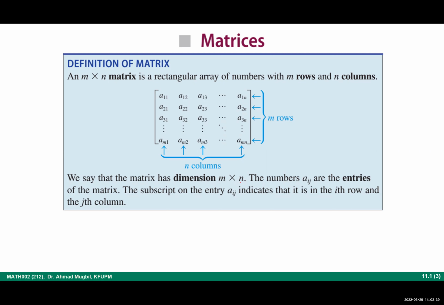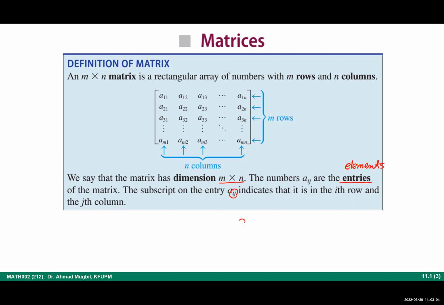And we call this m by n the dimension. So this matrix is of dimension m by n. The numbers inside the matrix we call entries. Also in some textbooks, they call them elements of the matrix. The subscript ij indicates the location of the number.